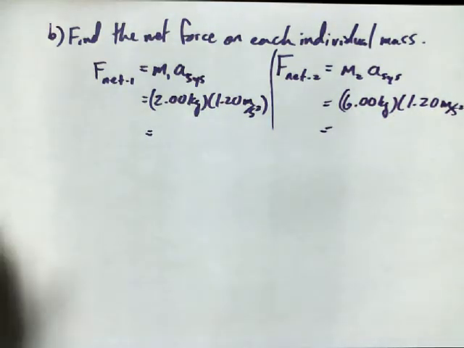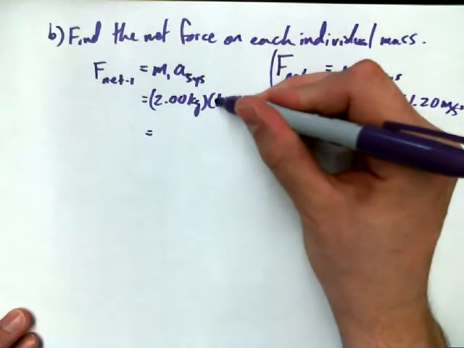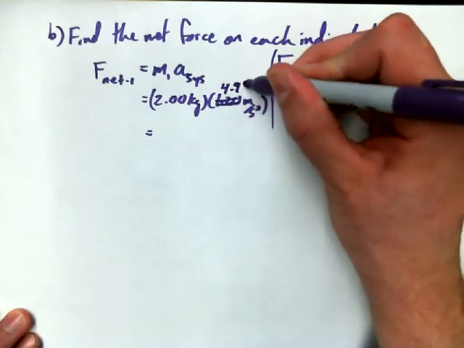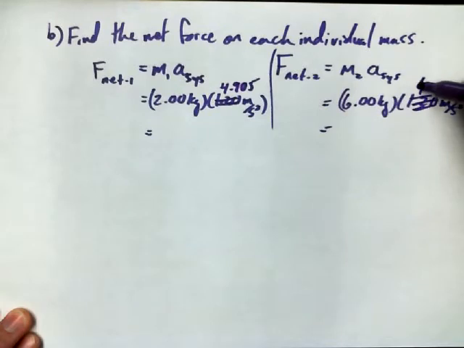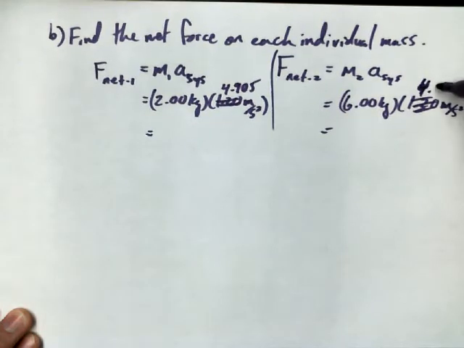Sorry, I was on the last question. 4.905 meters per second squared is the acceleration of the system. So 2 times 4.905.